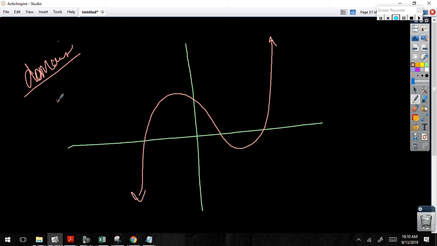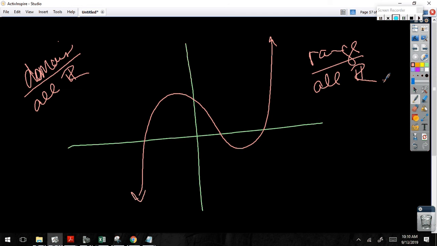It's slightly going out. All real numbers. What's the range? There's no restrictions on X or Y. It's moving down and out and up.